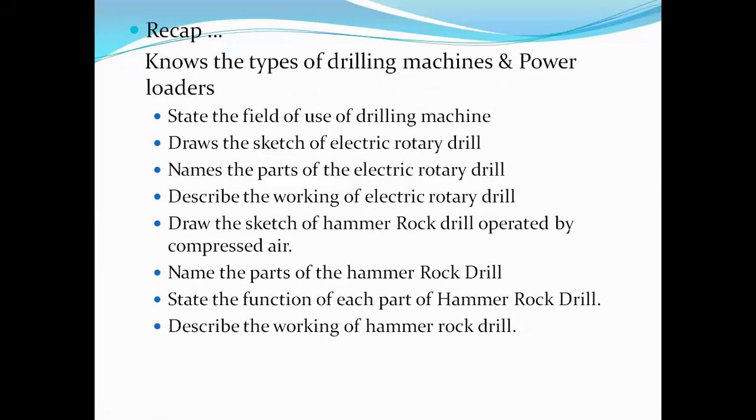In the previous video lecture, we had discussed the different types of drilling machines used in mining, mainly in underground mines, and their field application. Then we discussed the construction details of the electric rotary drill or electric coal drill, the different parts of it, and the function of each part, with a neat diagram.